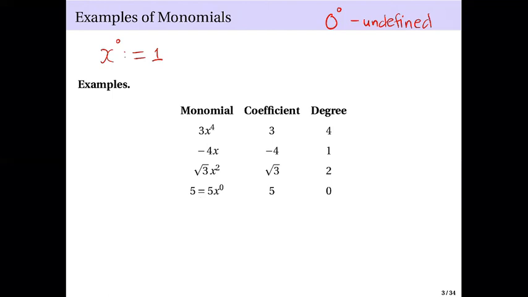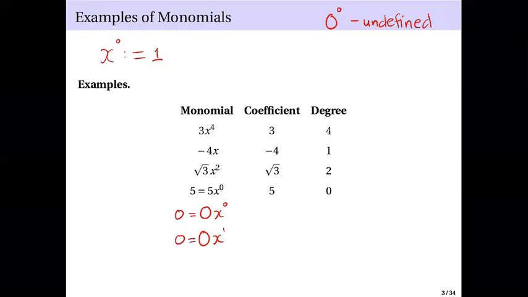Later you might see the constant 0 here. Of course, you can say that this is 0 times x raised to 0, or maybe you can think of this as 0 times x raised to 1, because any number multiplied to 0 will just give you 0.